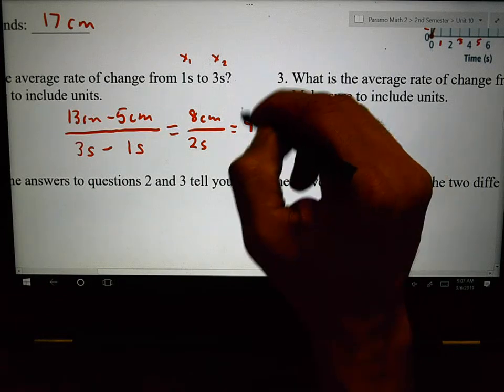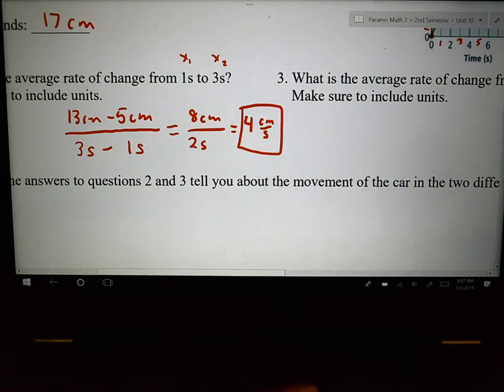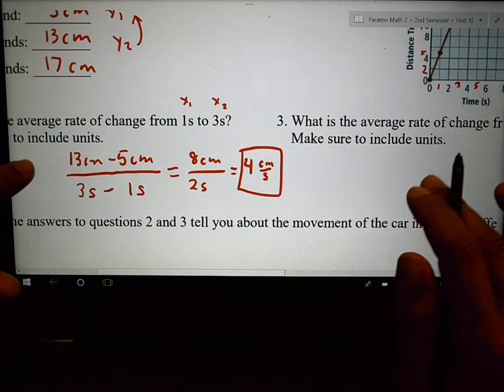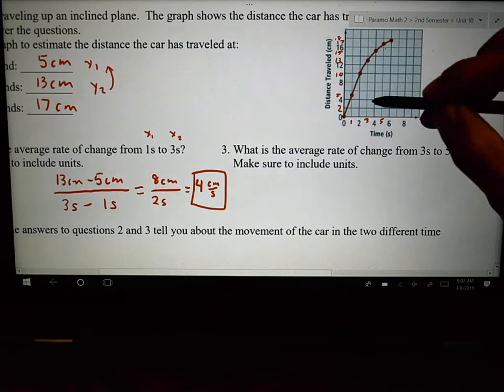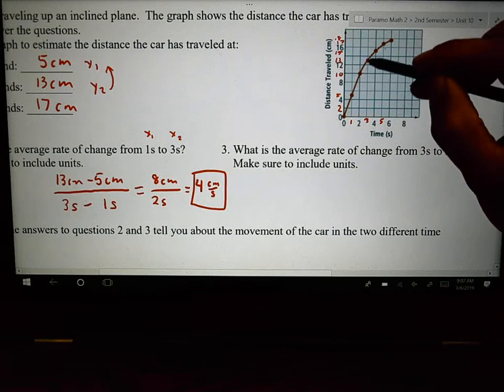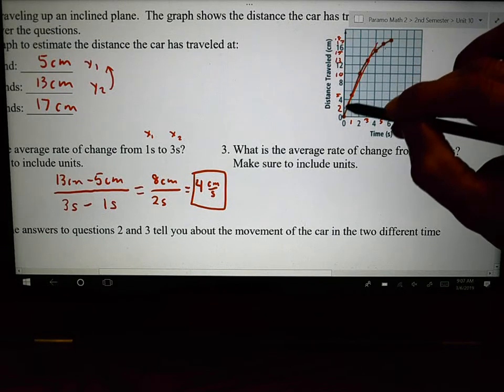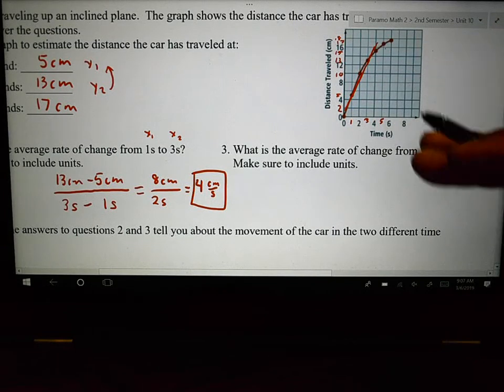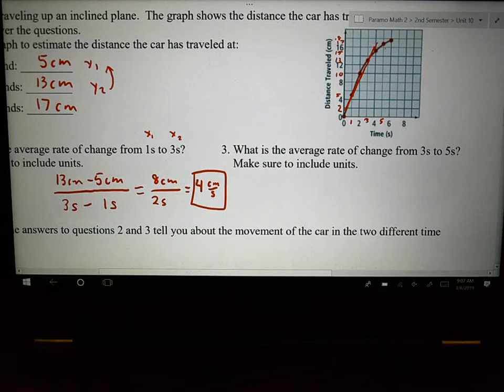Let's box that as my answer. What you have calculated is from 1 second to 3 seconds, you're finding the average speed, the average velocity.